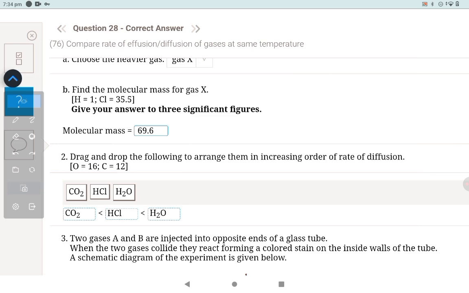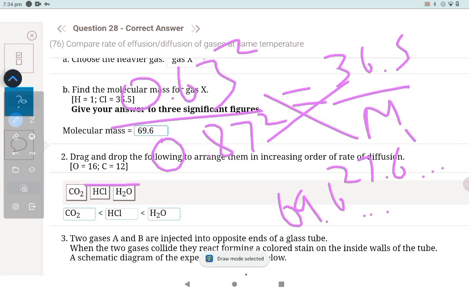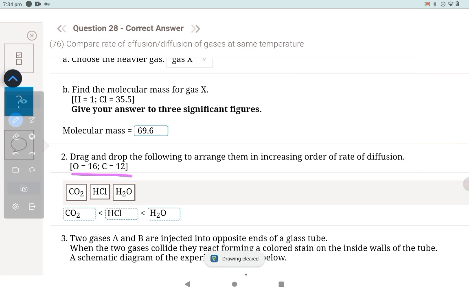CO2 is 12 plus 32, so we get 44, which is heavy, and H2O, hydrogen is 1, there's 2 hydrogens, so 2 plus 16 we get 18. So 44, then HCl, as said before, is 36.5, and then H2O will be 18. So it's from heavier to lighter, which is slower to faster, increasing order of rate of diffusion.